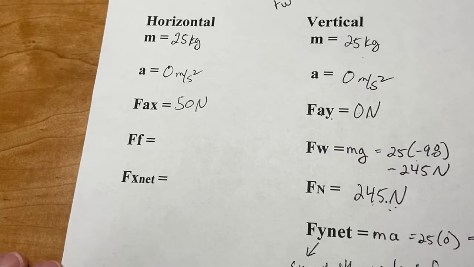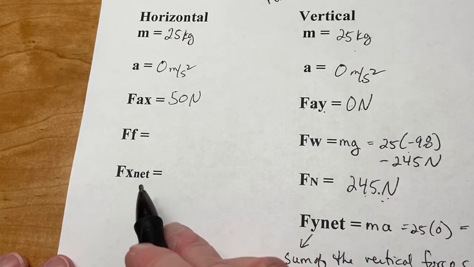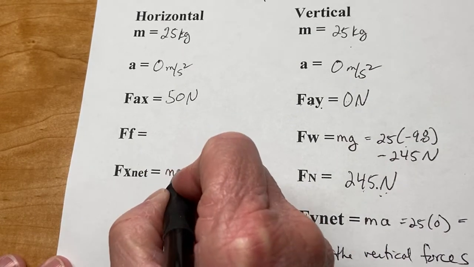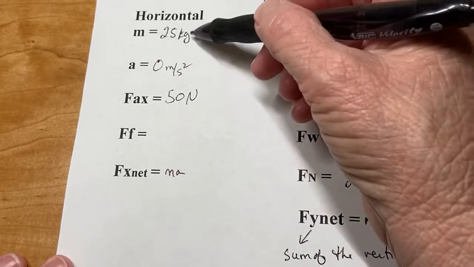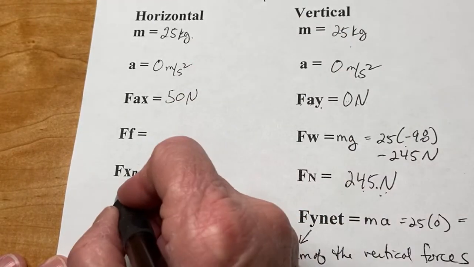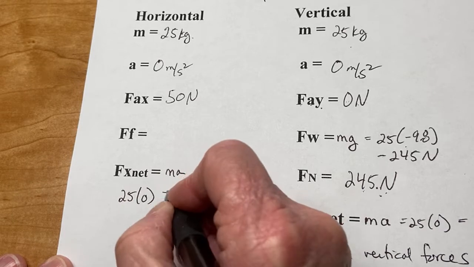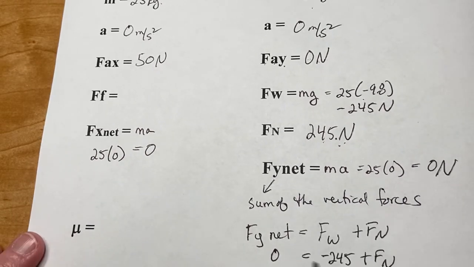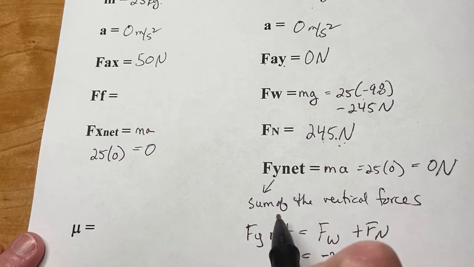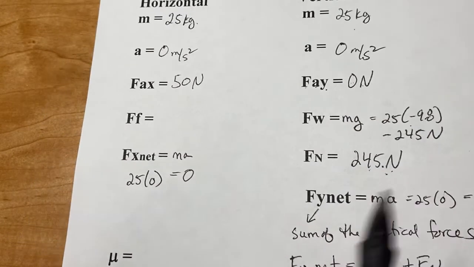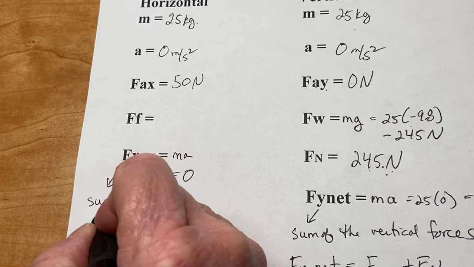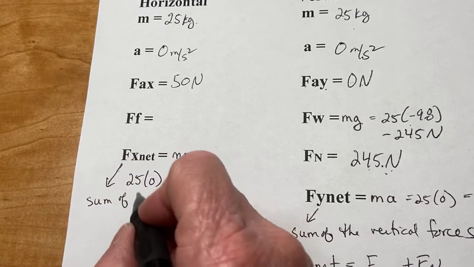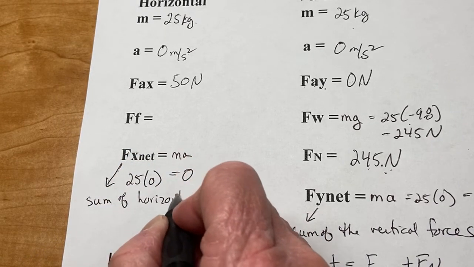All right, coming back to the x side. I'm going to skip to Fx net because that is m times a. Well, in the horizontal, it's the same thing. I'm not accelerating, so it's simply 25 times 0, which is also 0. In the same reason that this is the sum of the vertical forces, this is also the sum of horizontal forces.